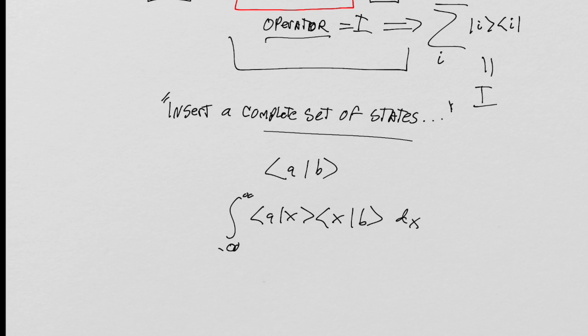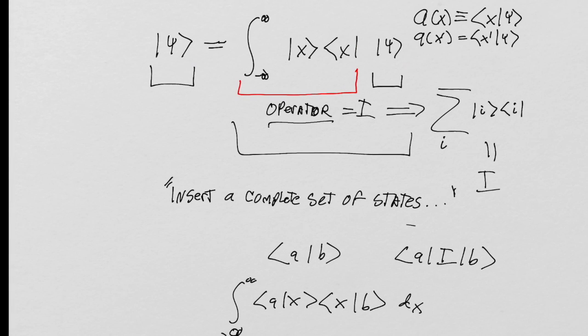And that's what they mean by insert a complete set of states, which is to throw in this identity, which is really writing A identity operator B. That's what that's doing. I don't quite know why they say it that way, because this is not a state. It's complete in the sense that the full integral gives you the identity. I guess that's completeness in a sense.